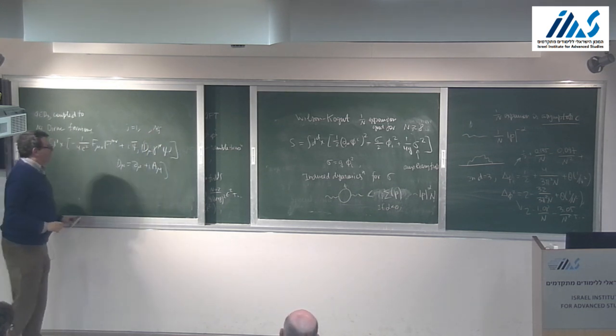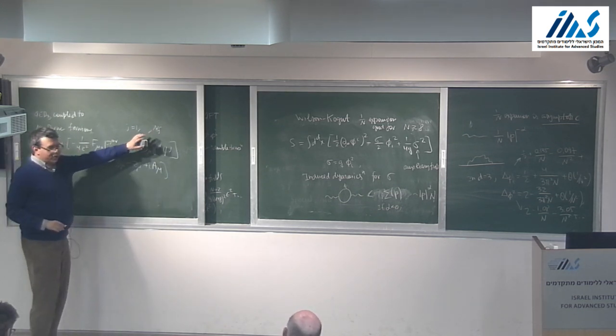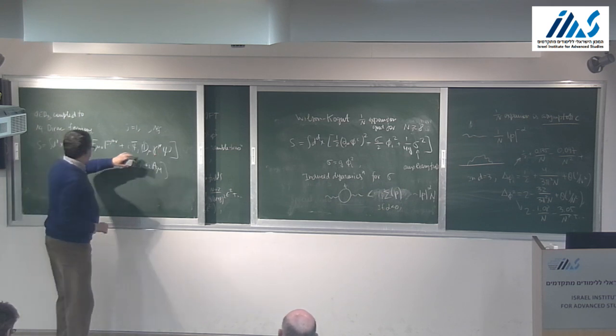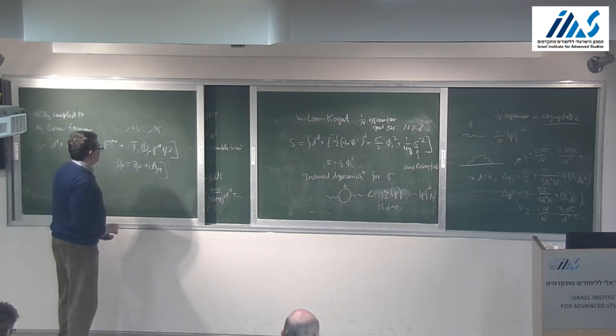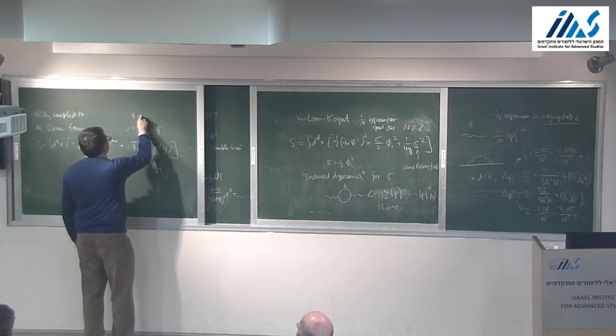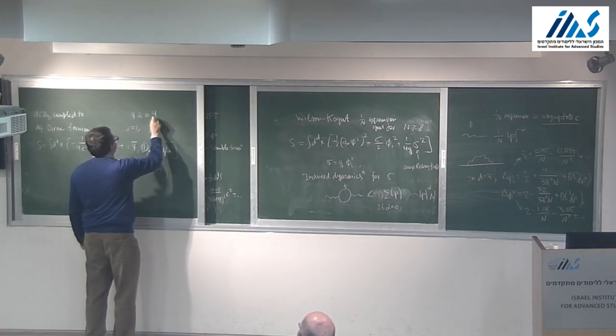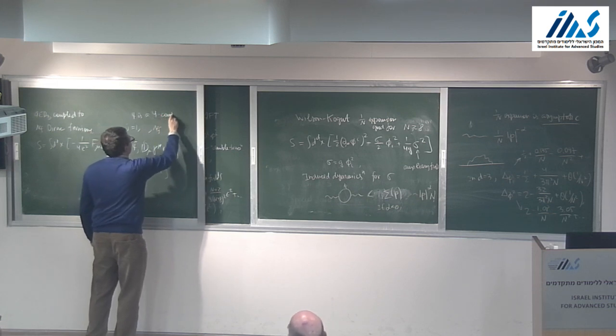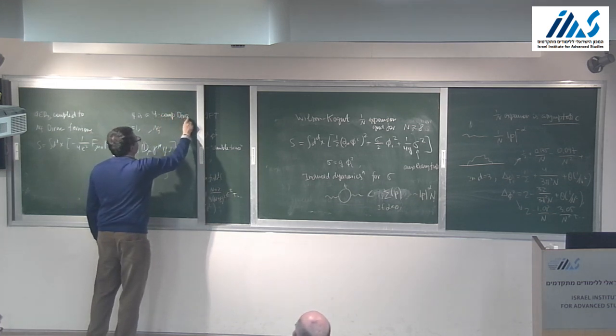Often there are different conventions in the literature, but in this convention, you just think of NF as the number of fermions, where each of these psi is a four-component Dirac fermion.